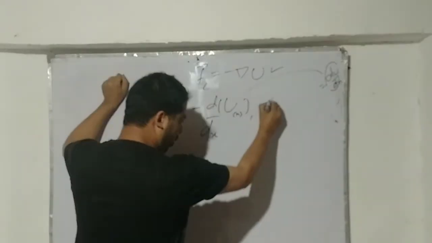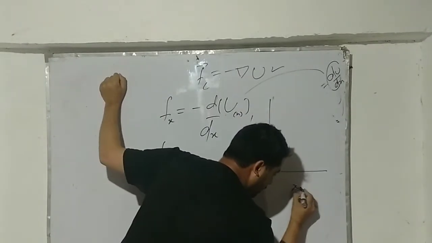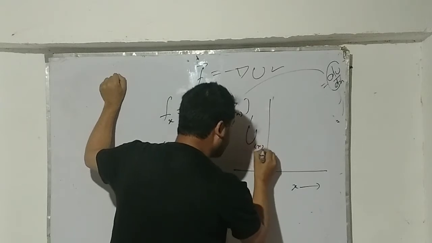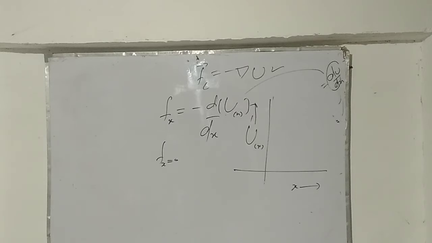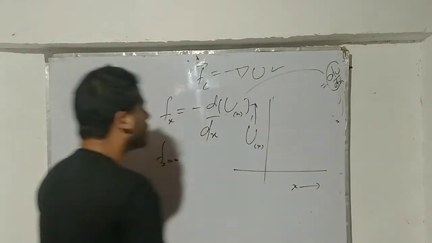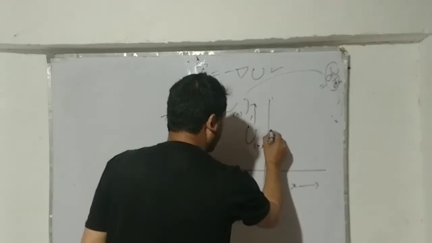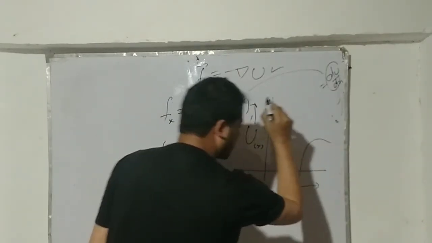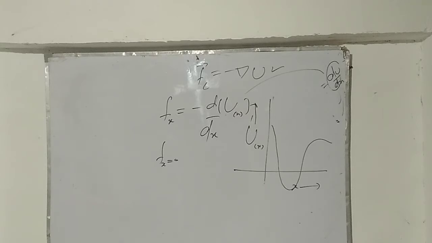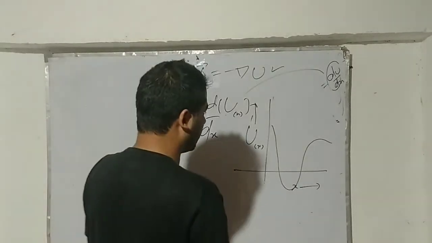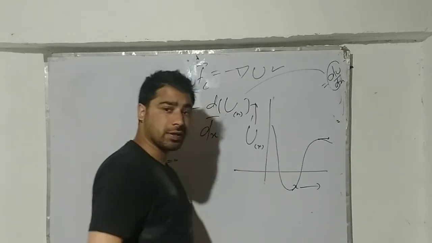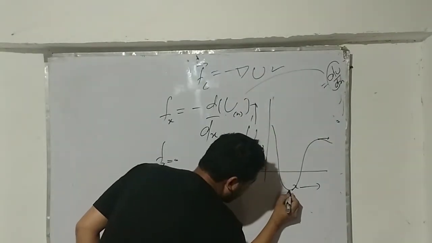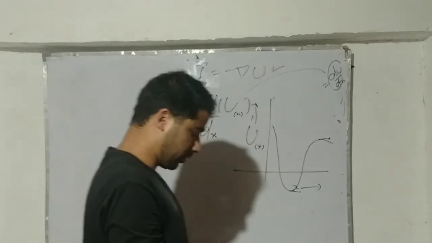Just like if I plot the potential energy with respect to the position here once more. If this is my potential energy line, and this is the respective position of the particle at any instant of time, I will mention my curve here like this. Look, if I want to know the slope at this point, it will be 0. The slope at this point is 0 because the potential energy is going to be constant here, and the slope at this point will be 0 again, because the potential energy will be constant here.